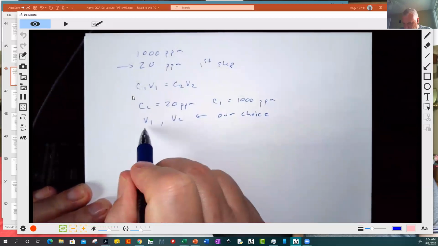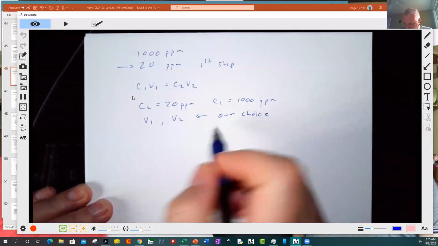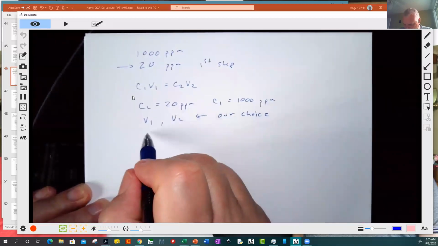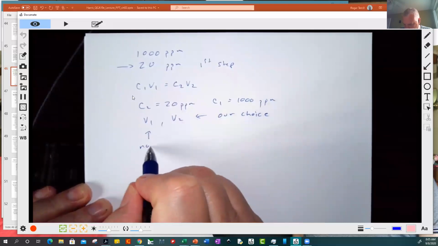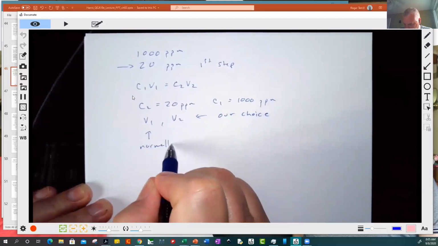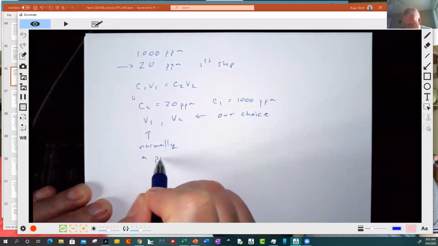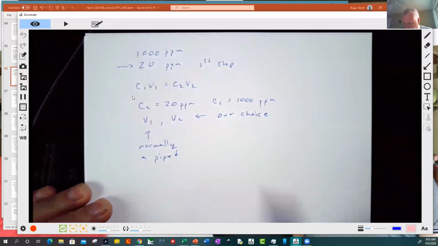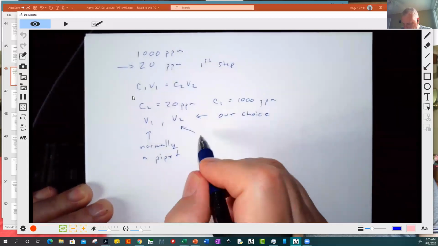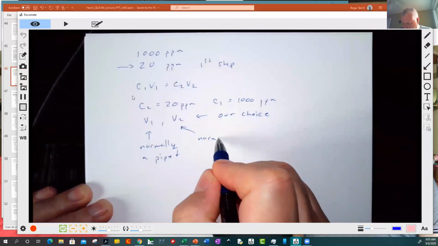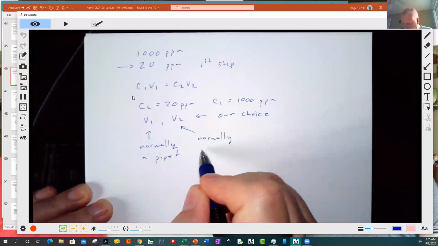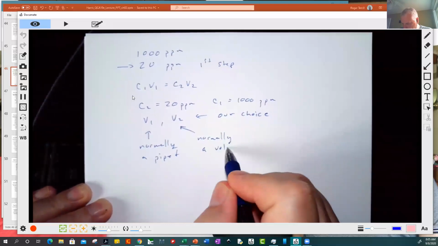These are volumes. Actually, V1 is normally a pipette, and V2 is normally a volumetric flask.